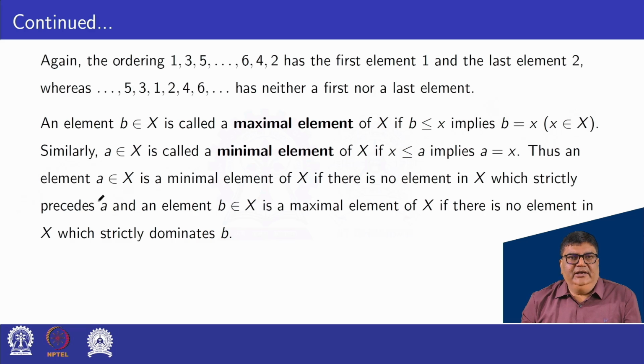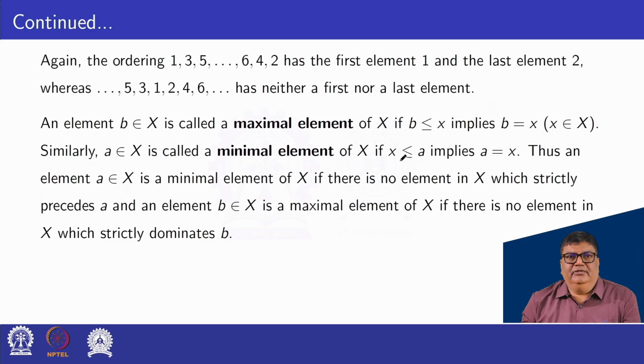Thus, an element a belonging to X is called a minimal element of X if there is no element in X which strictly precedes a, and an element b belonging to X is a maximal element of X if there is no element in X which strictly dominates b.